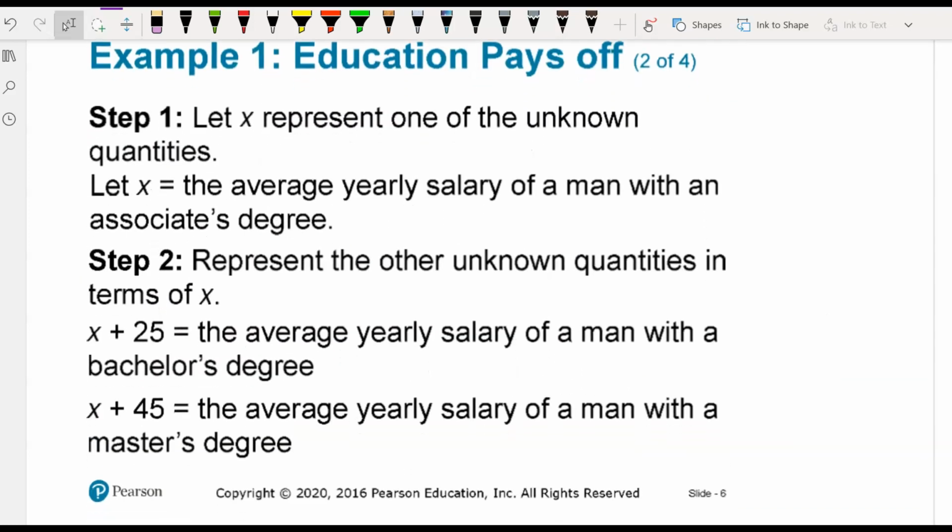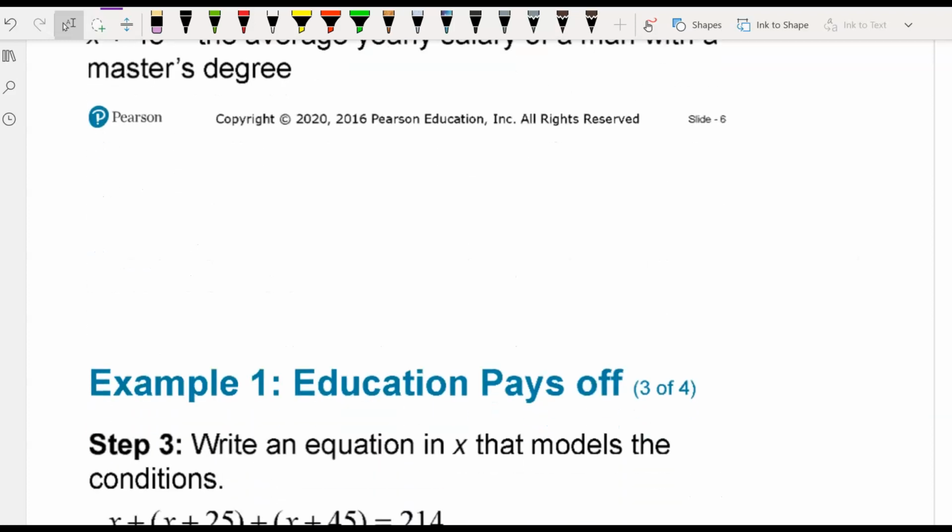All right, let x represent the unknown quantity. Let x equal the average yearly salary of a man with an associate's degree. x plus 25 equals the average yearly salary of a man with a bachelor's degree. And x plus 45 is the average yearly salary of a man with a master's degree.